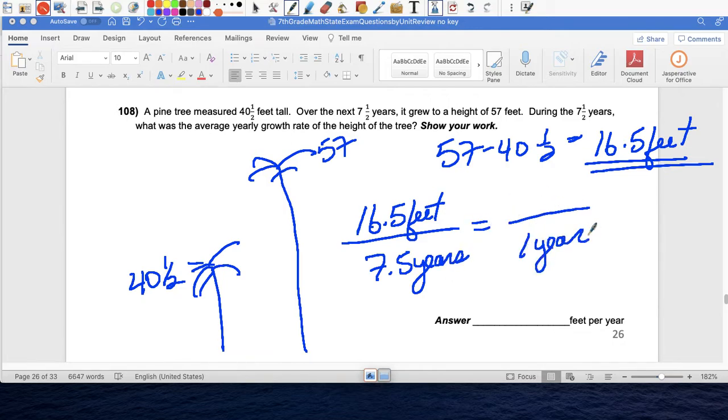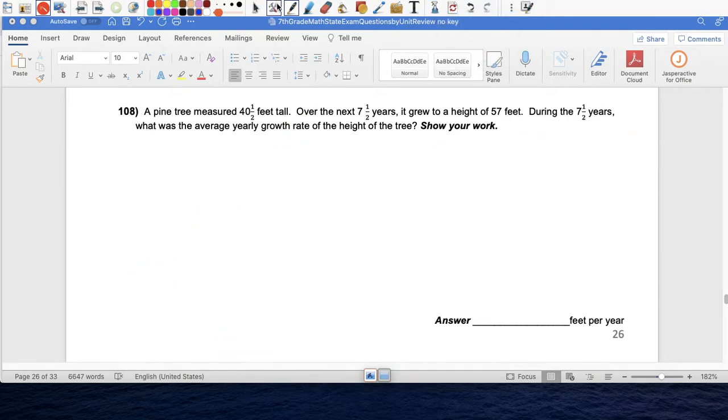So divide by 7.5, divide by 7.5. And we got an answer of 2.2 feet a year. That's what I completely forgot to do. That's what I get from not reading the question.